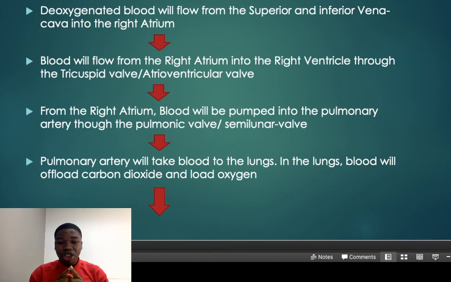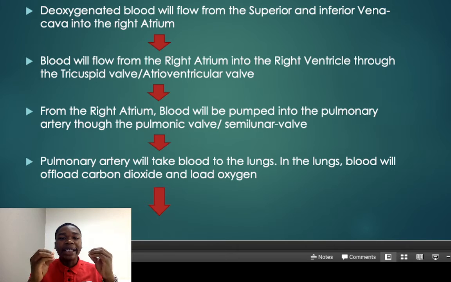From the right ventricle, blood will be pumped into the pulmonary artery through the pulmonic valve, or the semilunar valve. This deoxygenated blood will have to flow to the lungs so that it can exchange gases. So it will flow from the right ventricle through the pulmonary artery.